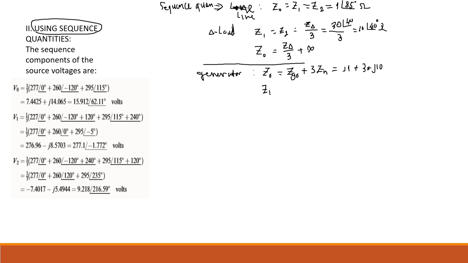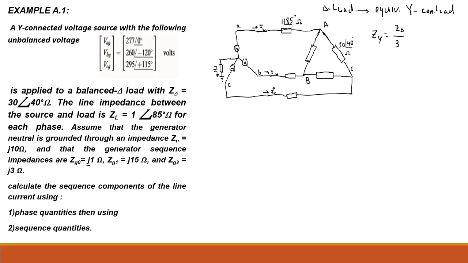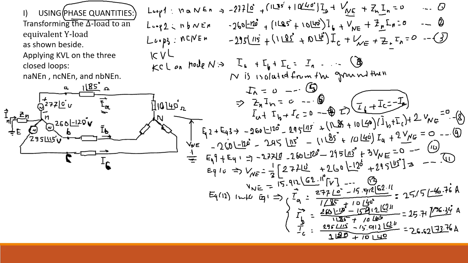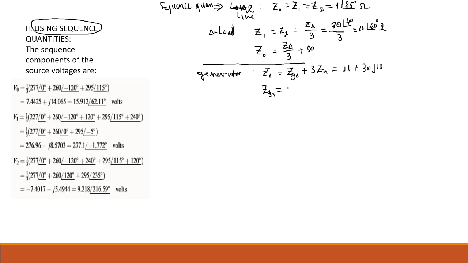And Zg1 for the generator is equal to j15, and Zg2 equals j3 ohm.